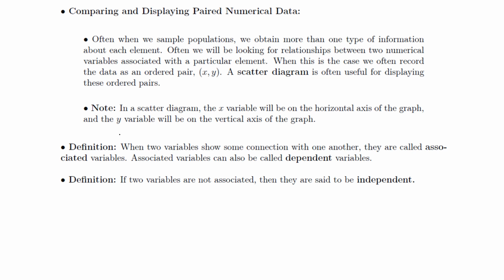So we're going to literally be looking at ordered pairs, like x, y, where both x and y are numerical variables. When that happens, what we tend to want to do is create what's called a scatter plot, okay, or a scatter diagram. So we have x and y, and we know that ordered pairs can be put on a graph.